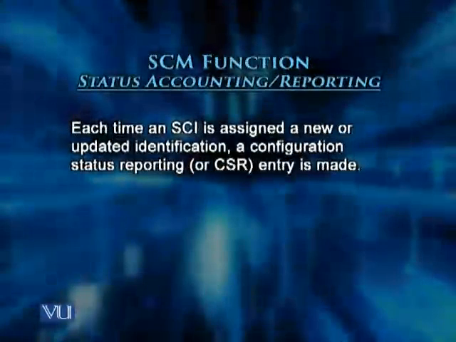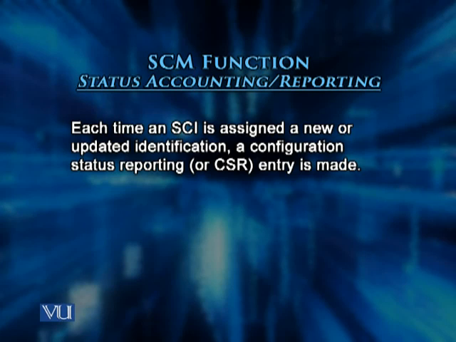Each time an SCI, that is a software configuration item, is assigned a new or updated identification number, a configuration status reporting, or as we call it in short, CSR, entry is made.